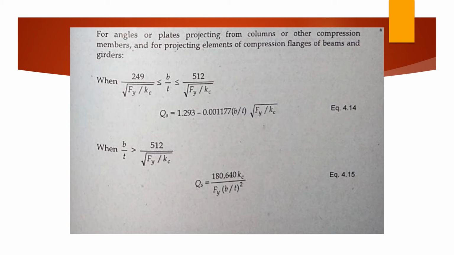The unknowns here can be obtained by first solving for Kc. And when B over T is greater than 512 over square root of Fy over Kc, the reduction factor is 180,640 Kc over Fy times B over T squared.